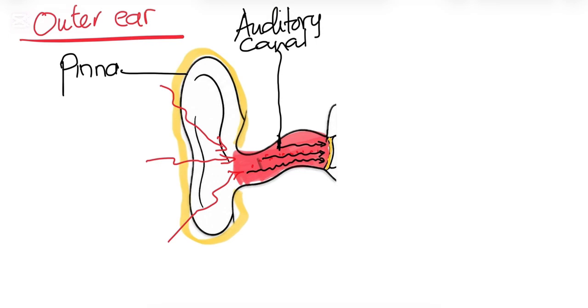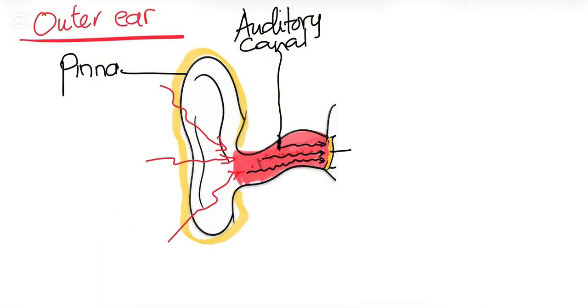So our auditory canal directs the sound waves towards the tympanic membrane, which is the next part that we are going to talk about.